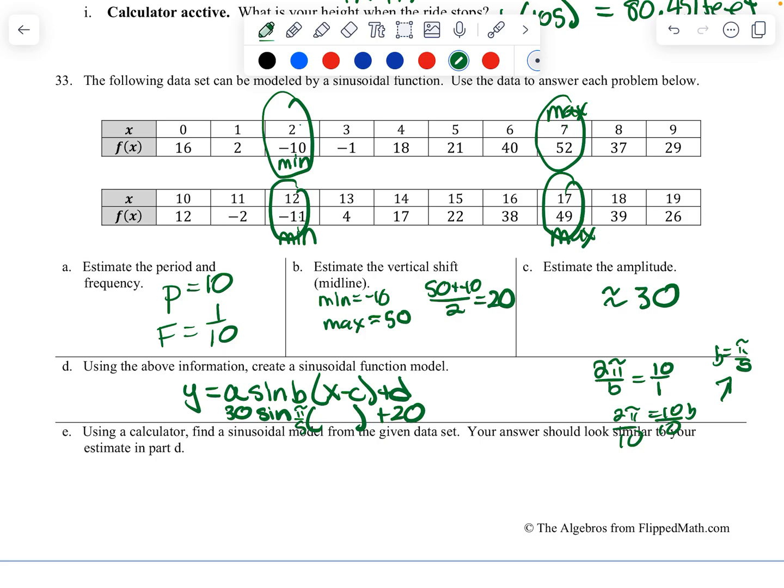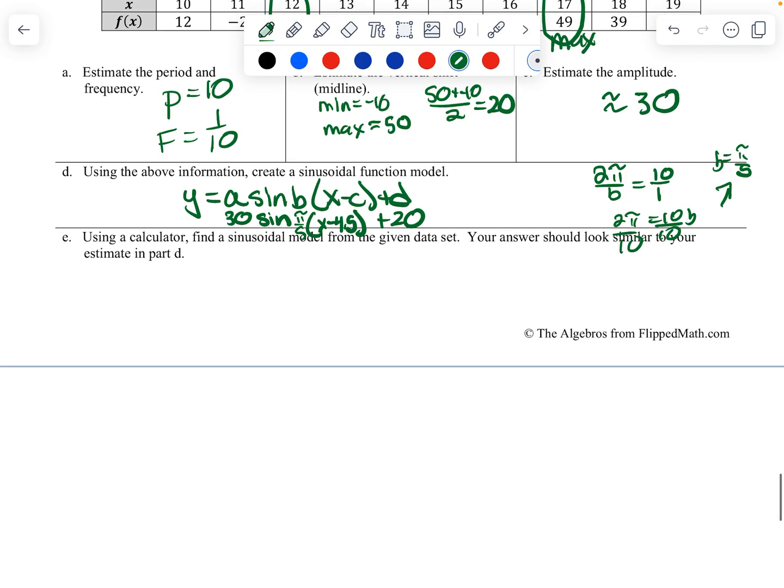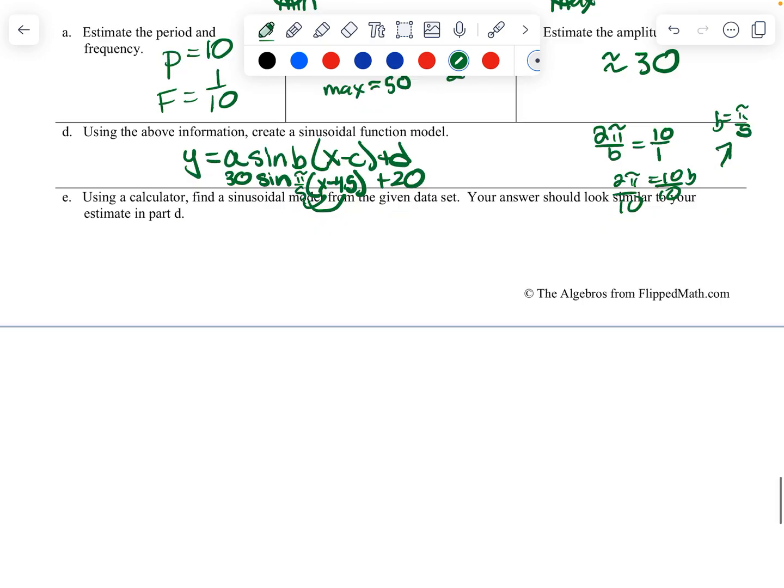So if it's a sine function, sine usually starts in the center. So that's halfway between our max and min. So that would be about right here at 4.5, right? But it starts over here at 0, so that moved it to the right 4.5. So you'd say x minus 4.5. And then again, you could type it into your calculator and see what it is, but just remember, usually your calculator has it distributed.